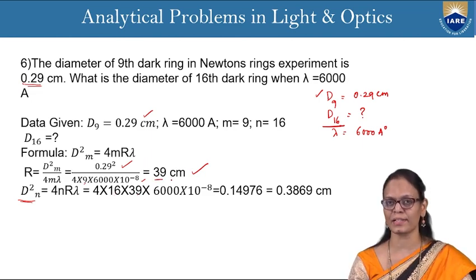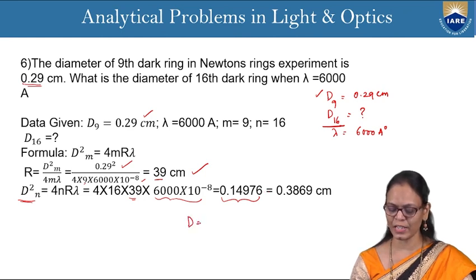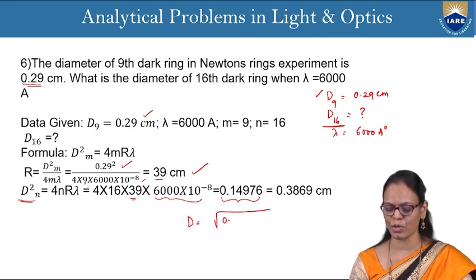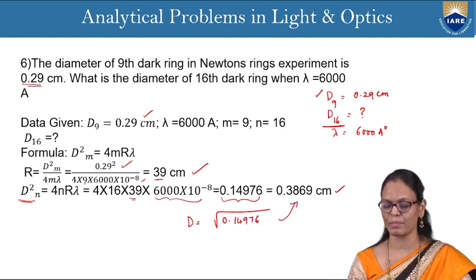Everything we are writing in centimeter. So 39 into lambda. We have converted this angstrom also into centimeter. So we have got dn square as 0.14976. If we want d, it will be the square root of 0.14976. That will give us 0.3869 centimeter.